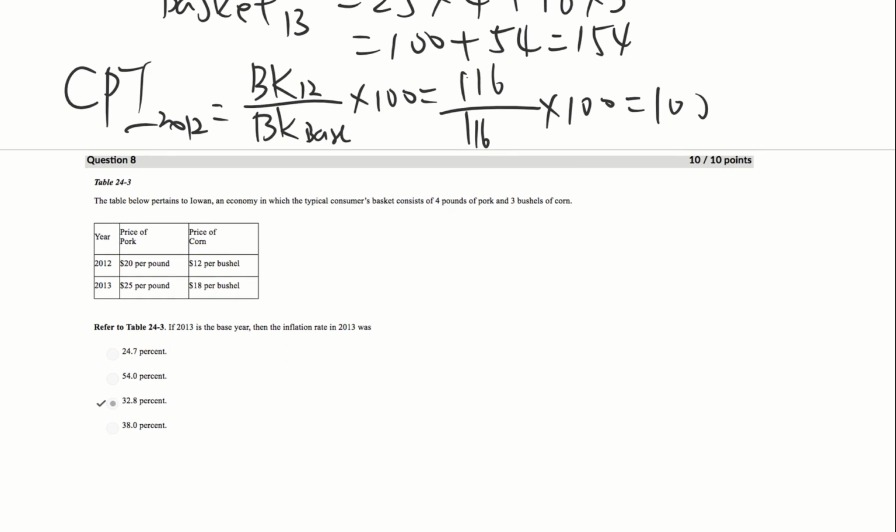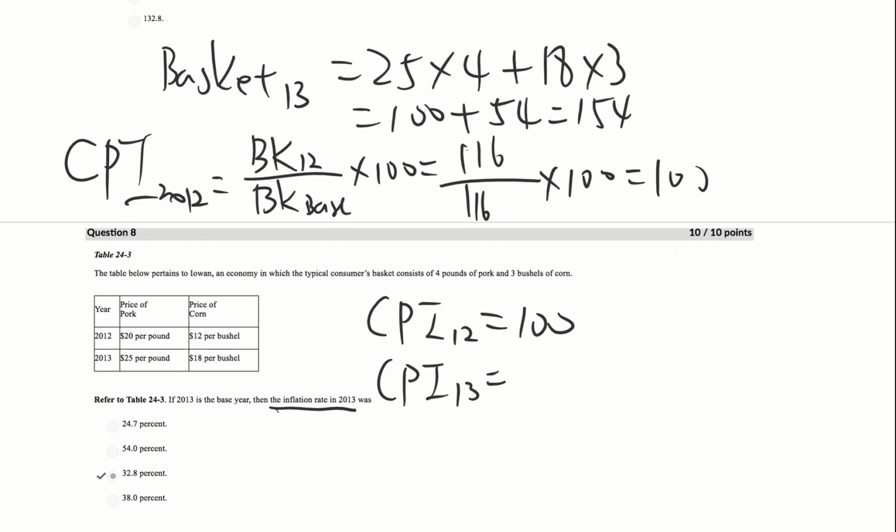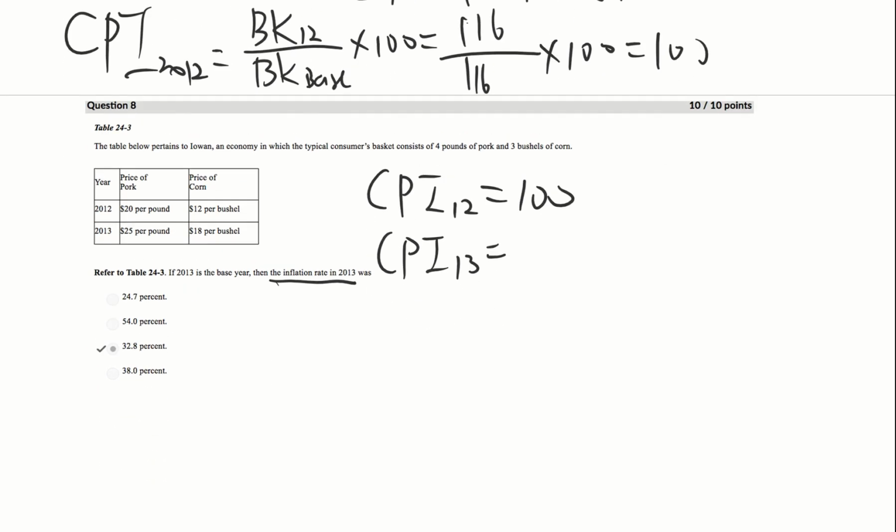Okay. All right, so next one, looking for inflation in 2013. I'm going to need the information we did before. So CPI for 2012 was 100. And then let's find CPI for 2013. I'm going to use basket value 154 in 2013 over the base year 116 times 100.